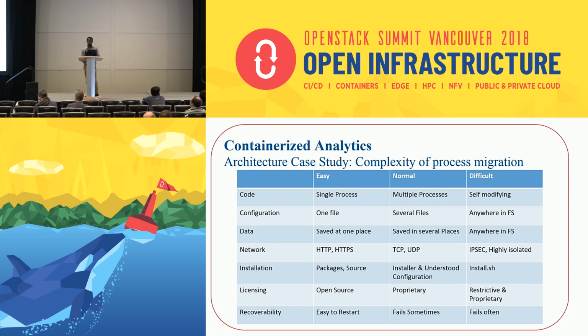It would be quite difficult if we need to migrate multiple processes. And again, it would be very difficult if we have a self-modifying process. That can be possible, but you have to take care of all these things.